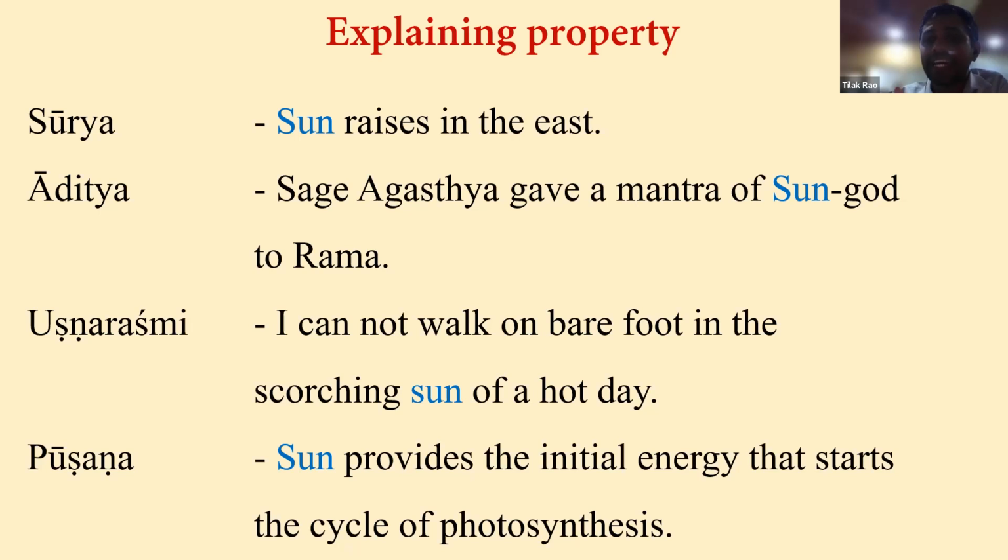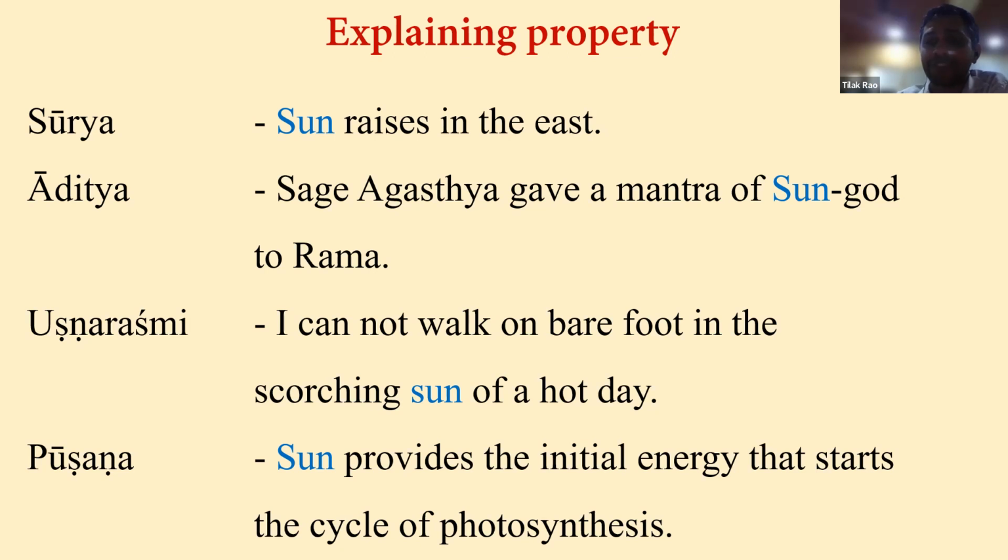Say, if you want to say the sun rises in the east, Surya becomes the appropriate word because that is related to movement. We can't say Aditya, but we say Aditya Hridaya, not Surya Hridaya, because there we are referring to some Devata. So then saying son of Aditi becomes appropriate.